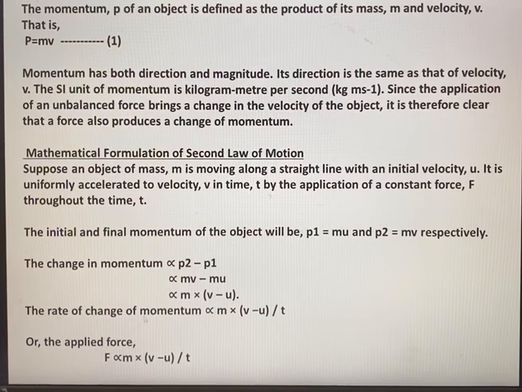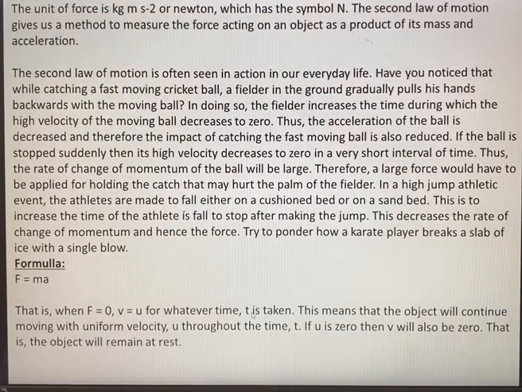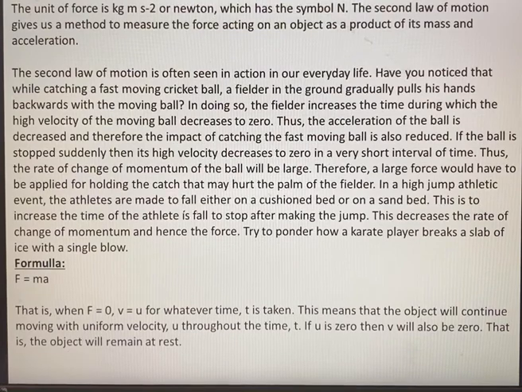The rate of change of momentum is equivalent to m into v minus u divided by t. The unit of force is kilogram meter per second square, or Newton. That means the unit of force is Newton, simply symbolized as capital N.